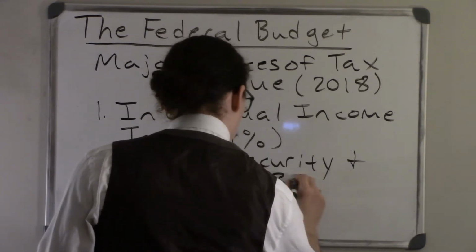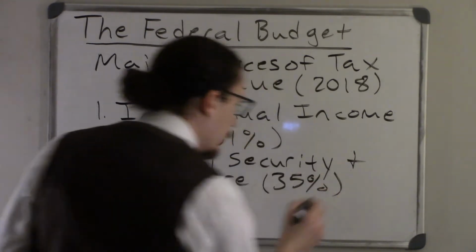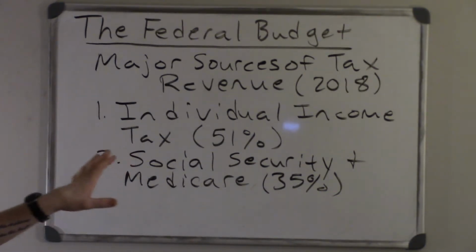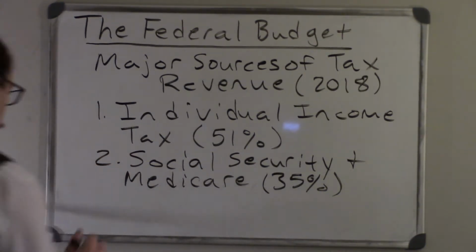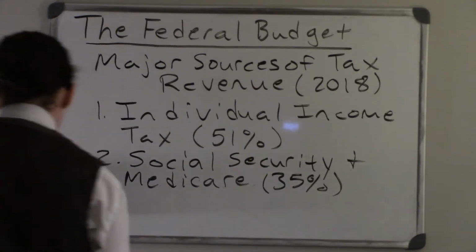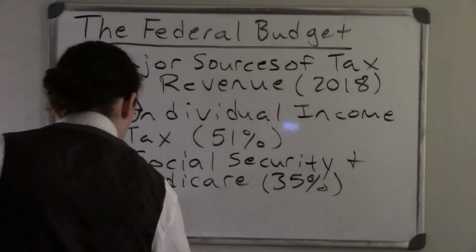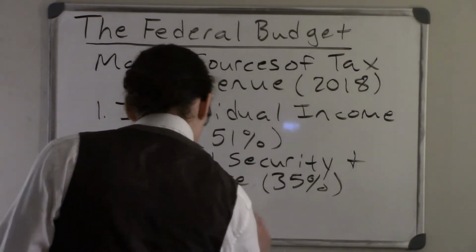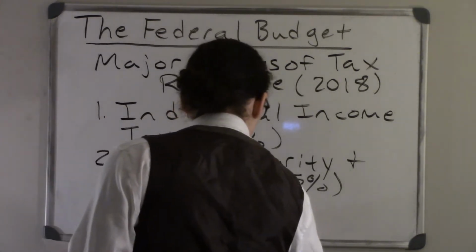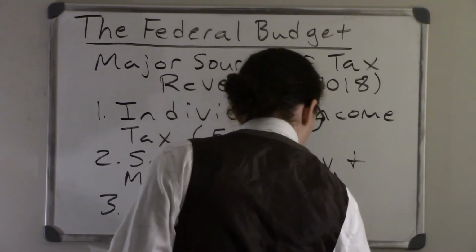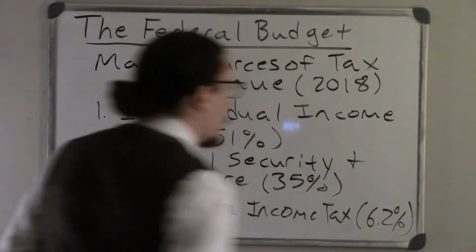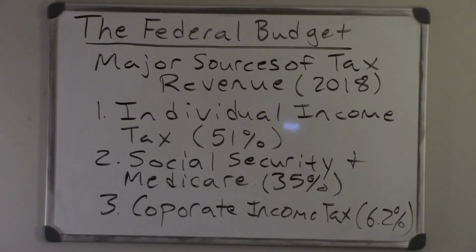That comprises 35% of the federal budget. And then last, I won't say not least, because it is least, empirically it is the least important one, is the corporate income tax. And that makes up 6.2% of the federal budget.